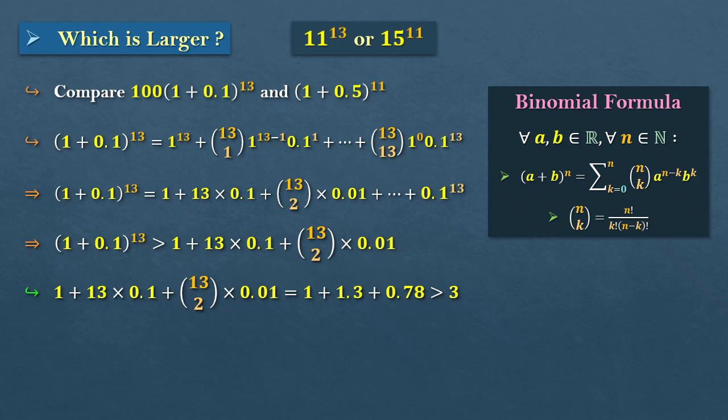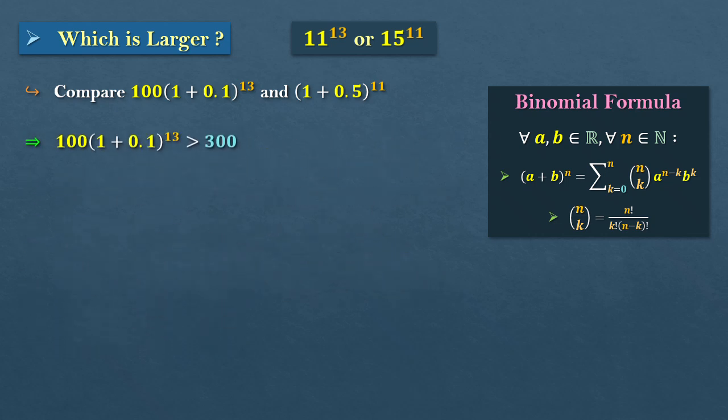We therefore deduce that (1 plus 0.1) to the power of 13 is bounded below by the number 3. Multiplying by 100, we deduce that 100 times (1 plus 0.1) to the power of 13 is strictly greater than 300. We keep this result in mind.